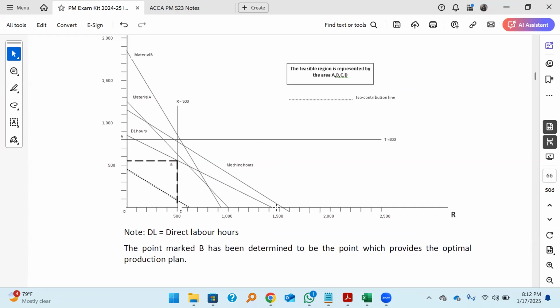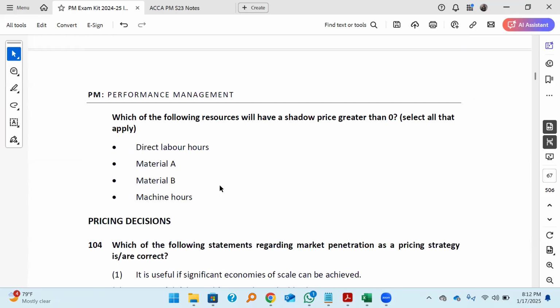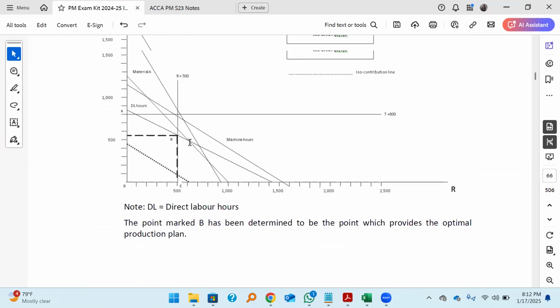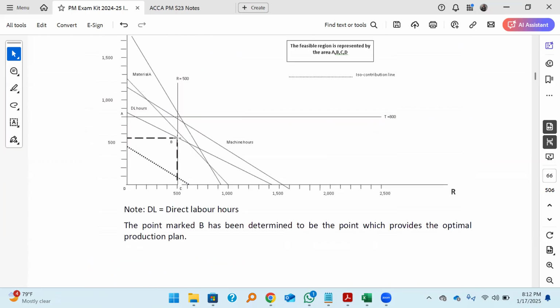Machine hours don't. But the direct labor hours line is the one that passes on the optimal point, which means that direct labor hours have a shadow price because we are on the point. When we are here, we are utilizing all of them. So if we need to get more, we need to pay a shadow price.